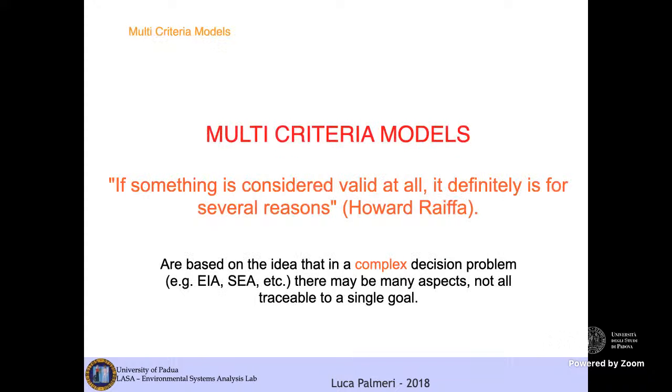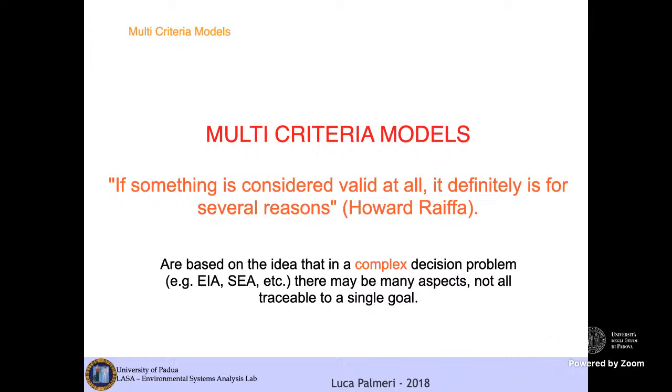This is the case of multi-criteria models, which are models in which we try to optimize the outcomes of our evaluation by comparing the results through several criteria. The idea on the basis of multi-criteria is that if something is considered to be valid at all, then it definitely is for several reasons.